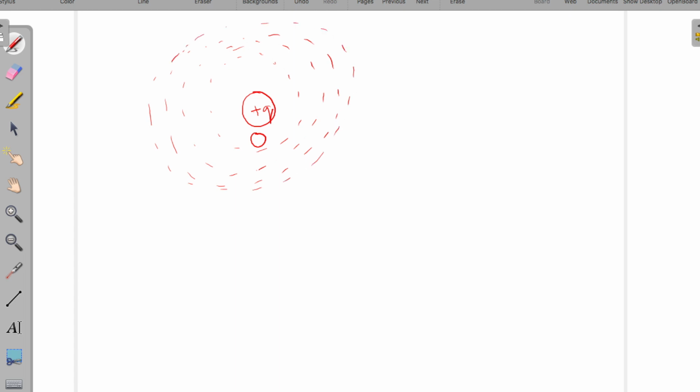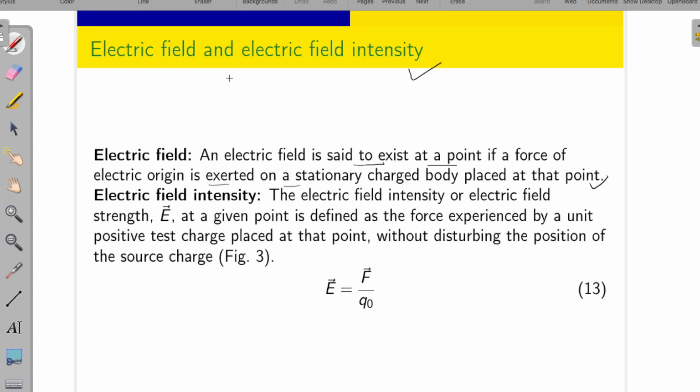The exact definition can be written like this.